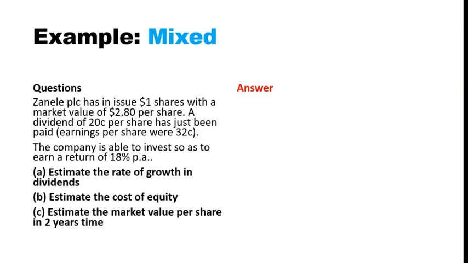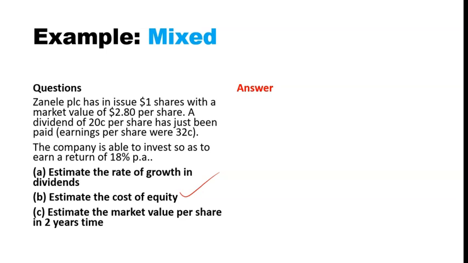Estimate the rate of growth in dividends, then estimate the cost of equity. We put this requirement so you appreciate that R is not the RE you have been seeing so far. So please watch out there. Then C, estimate the market value per share in 2 years' time.